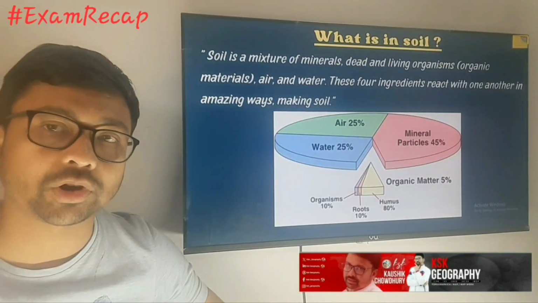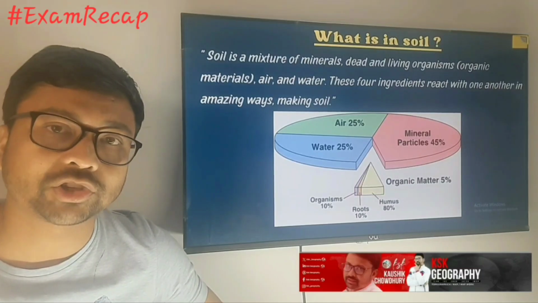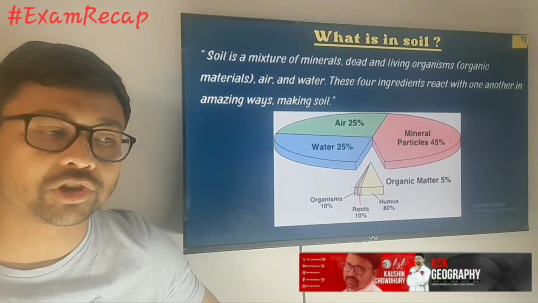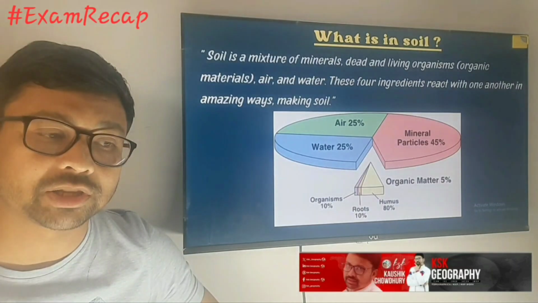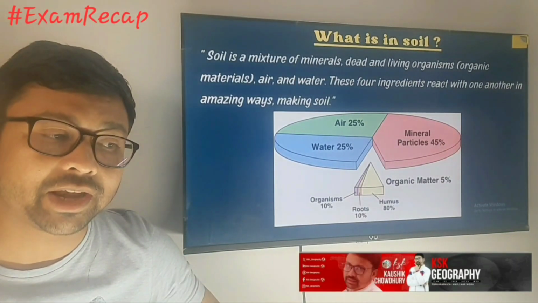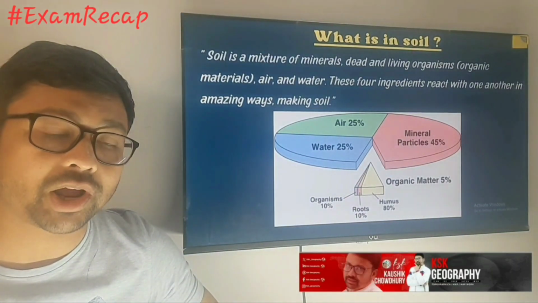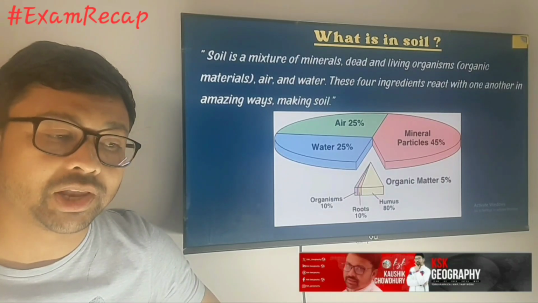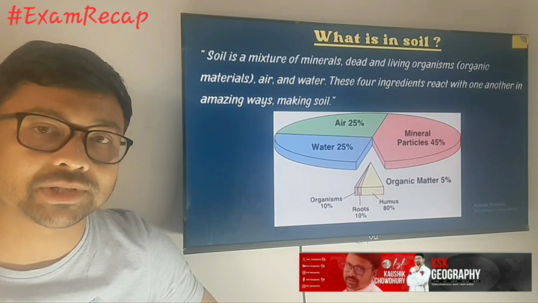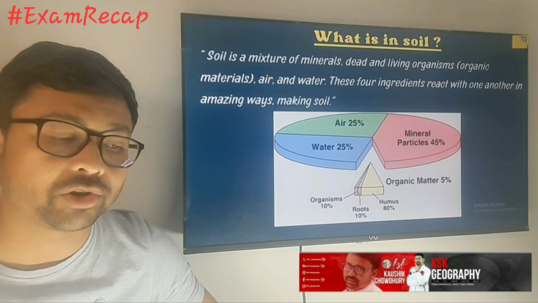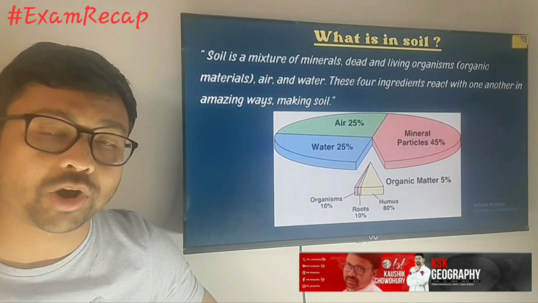Next, the important things. What is soil? The definition of soil: soil is a mixture of minerals, dead and living organisms, that is organic materials, and air and water. These 4 are the important elements of soil. So 25% water, 25% air, 45% minerals that come out from the bedrock and 5% organic materials.